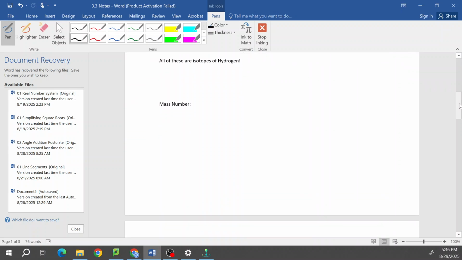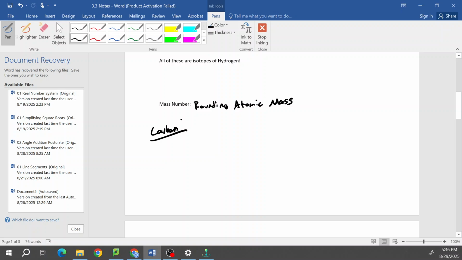Dealing with mass number, remember, I can find the mass number of any element by rounding the atomic mass from the periodic table. So take a look at carbon on the periodic table.